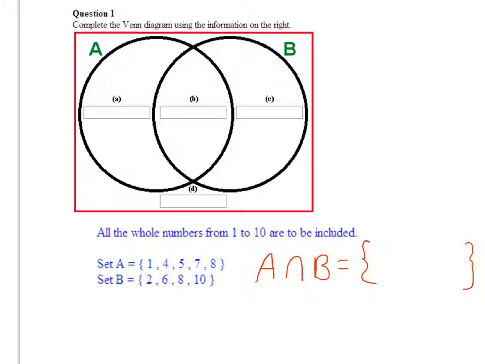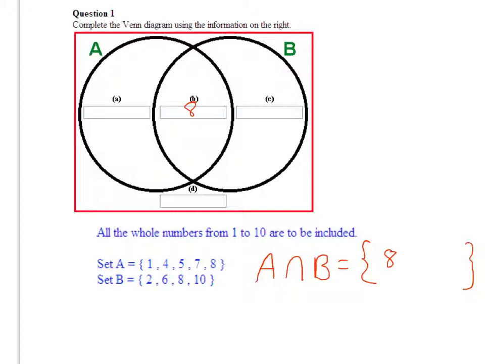So we're given set A and B, and I think the easiest way to do it is to first think of, well, what is A intersect B? So look at those two sets, and what's common to both of those two, and I only see 8. So 8 would go up here in the middle in the intersection.